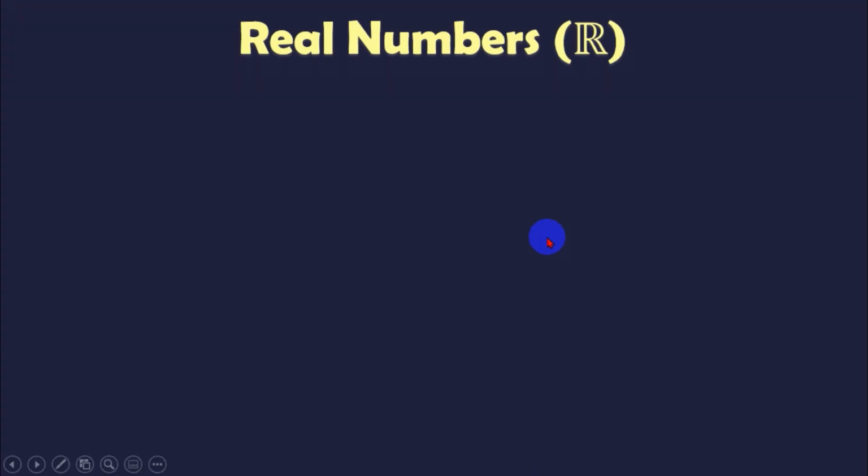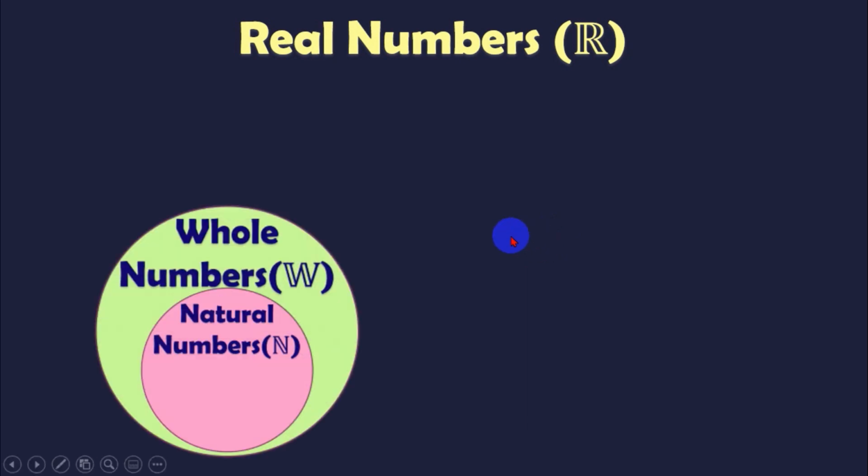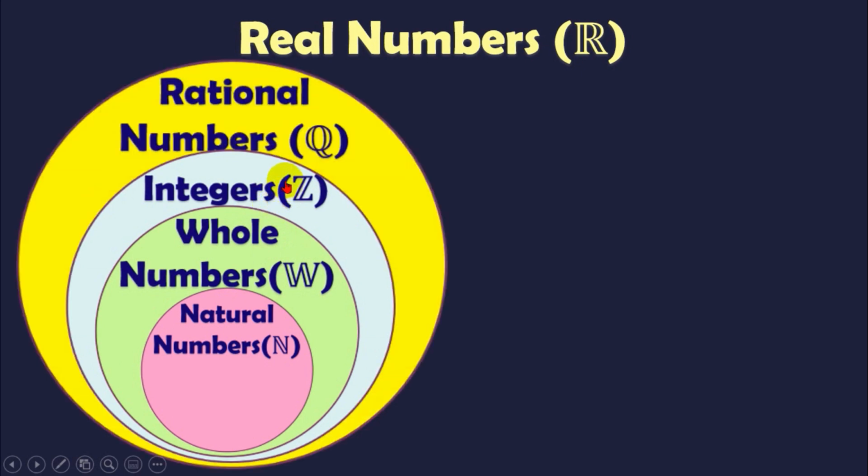Okay, so the real numbers comprise natural numbers, and these natural numbers also belong to whole numbers, and these natural numbers and whole numbers are also integers, and these natural, whole, and integers do belong to rational numbers.